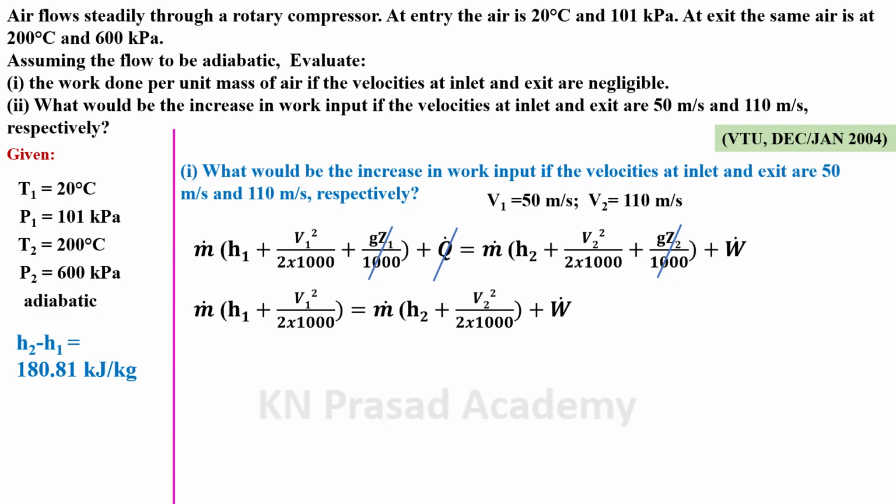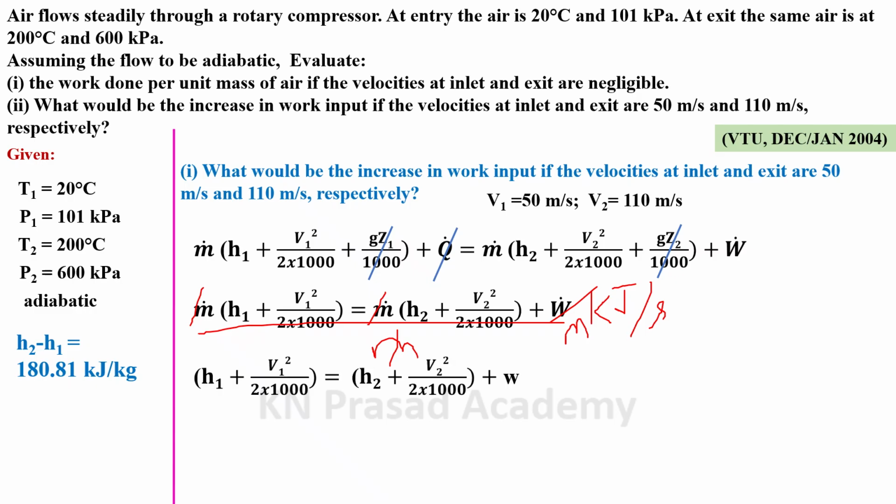Here W is kilojoule per second, but we have to determine kilojoule per kg. So we have to divide by the m value, then m will get cancelled, and work done will become work done per mass flow rate, that is kilojoule per kg.